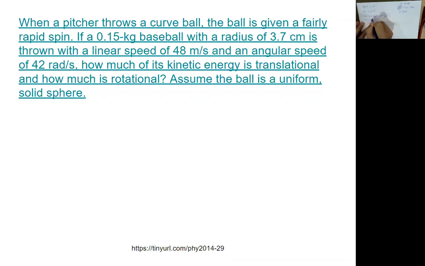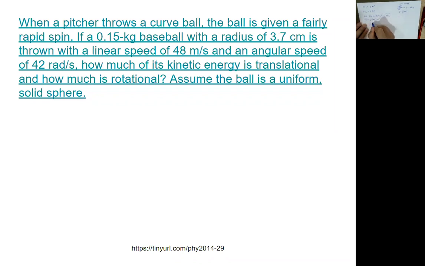Rotational kinetic energy is 1/2 I, and I will take 2/5 mr squared. Let's keep the capital M here, and then times omega squared. It tells you the omega here.